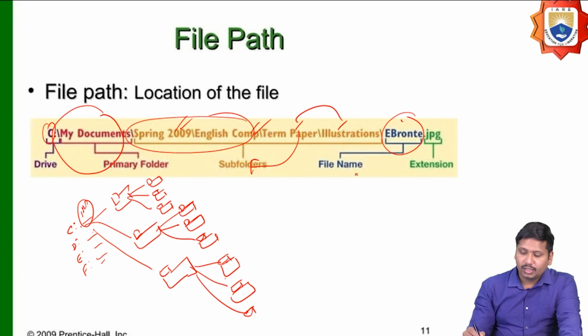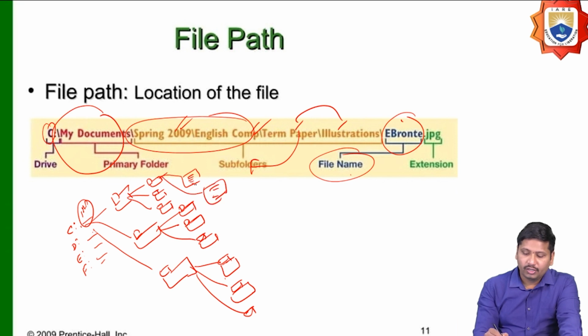And once this is done, then you have to identify the file name. So whether this folder has any files or not, you have to identify. If it has a file name, it may be with .txt, or it may have .bmp, or it may be .doc, like this, you have to identify the format. So that should be treated as the file name.